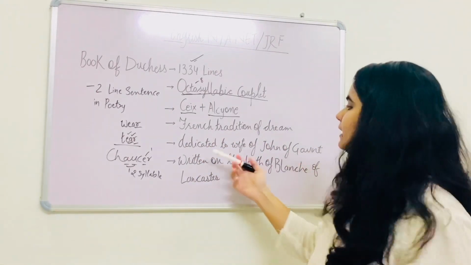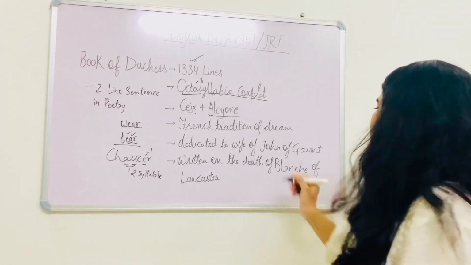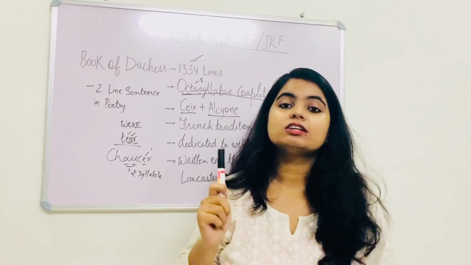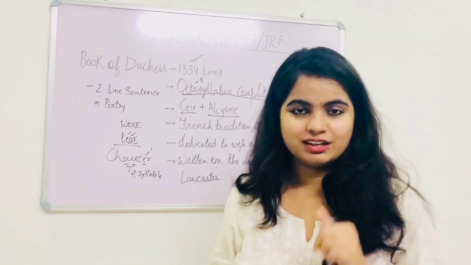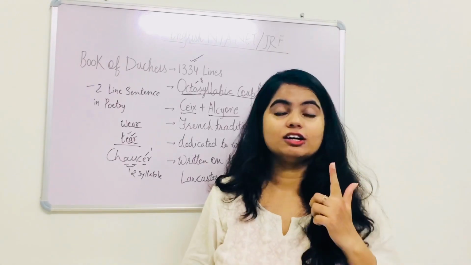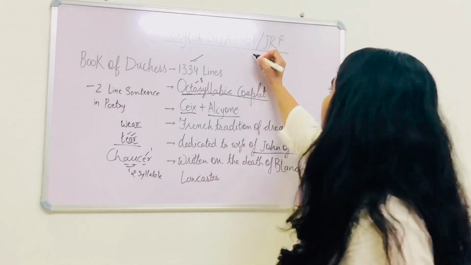This is clear. Then next, it was dedicated to the wife of John of Gaunt. Now who was John of Gaunt? As we covered in the previous video, John of Gaunt was the uncle of Richard II, our second king from the Hundred Years' War. We have three kings there, like Edward III, I can write it here.